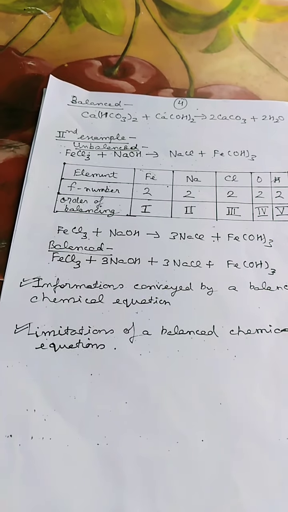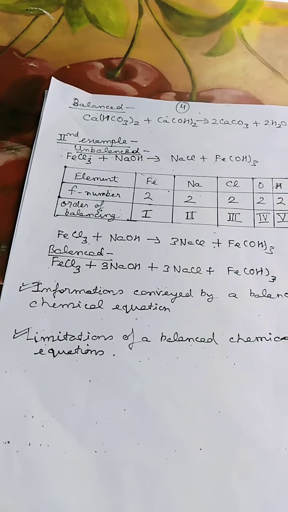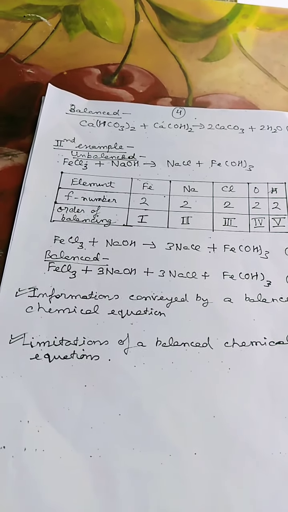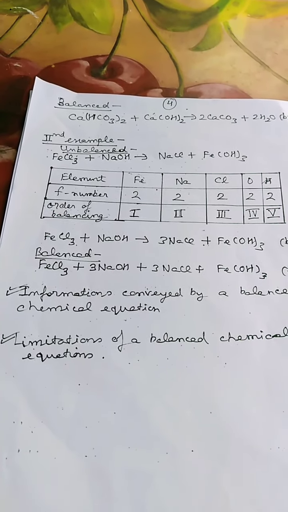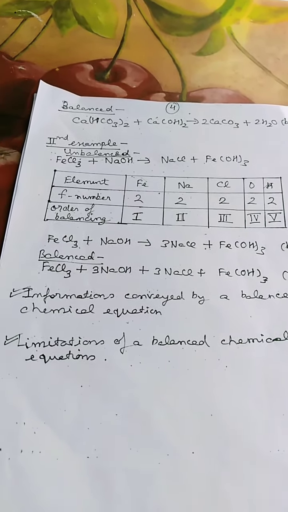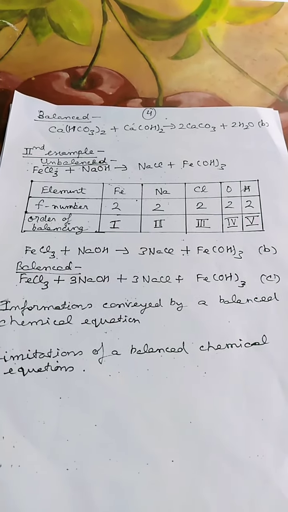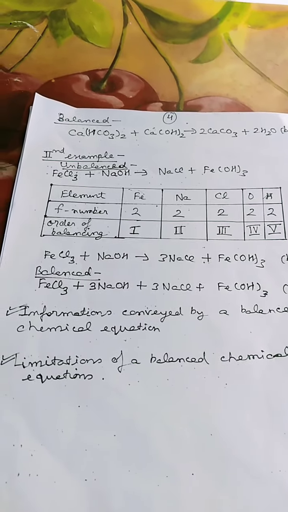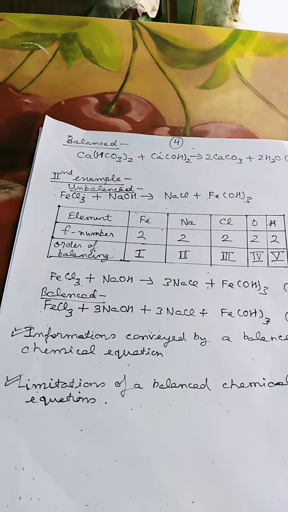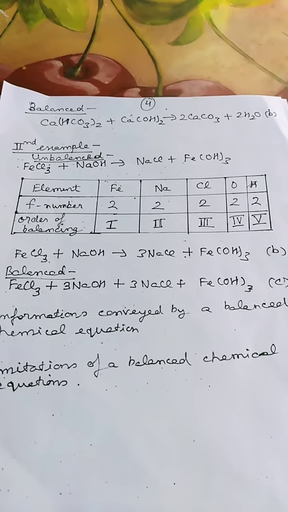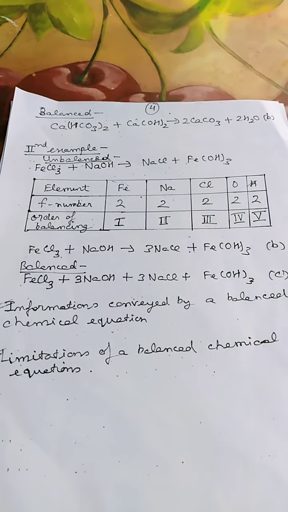So on the whole we are having on the left hand side 8 atoms of oxygen, while on the right hand side we are having 6 oxygen atoms in case of CaCO3, and in case of water it is 2 atoms. So 6 plus 2 becomes 8 atoms. Thus on the reactant and product side a total of 8 atoms of oxygen are there. In this way we have balanced this equation by the partial equation method.